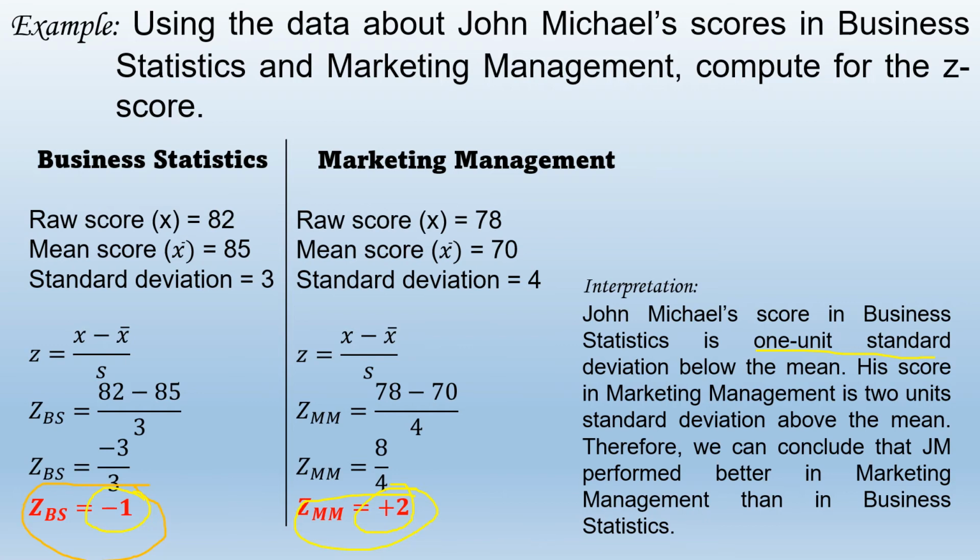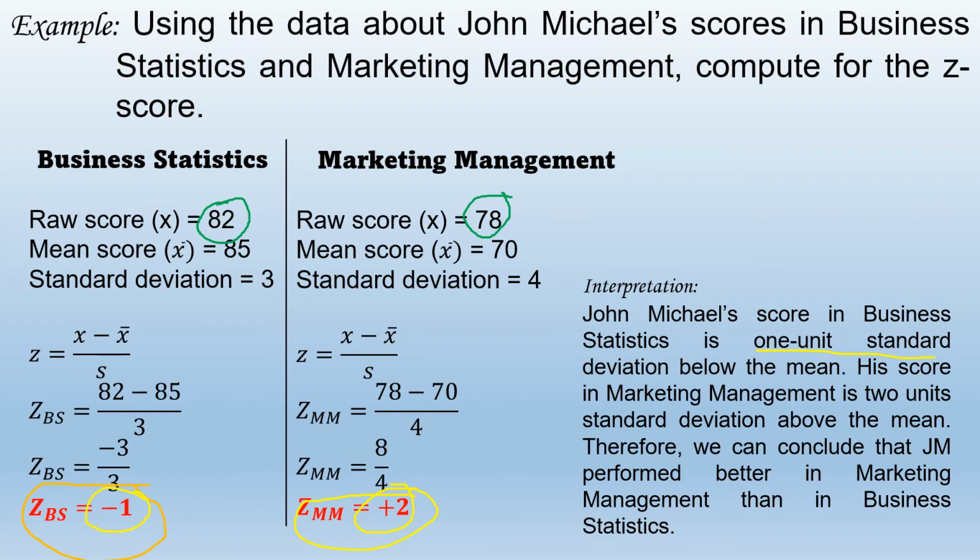But if we look at the scores, 82 for John Michael in business statistics and 78 in marketing management, we would say that he is brighter in business statistics because his business statistics score is higher. But if we convert the raw score into a standard score, we will see that John Michael was actually performing well in marketing management.